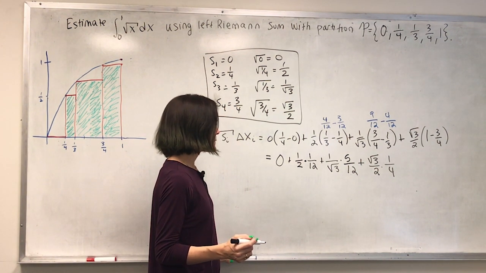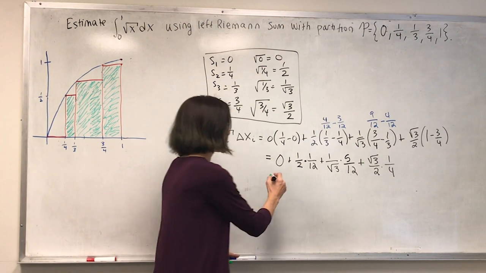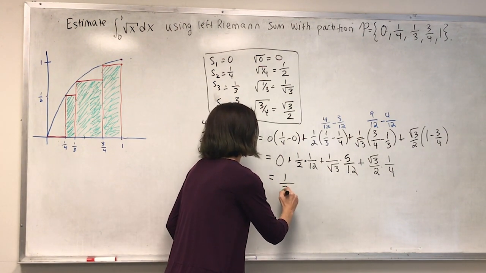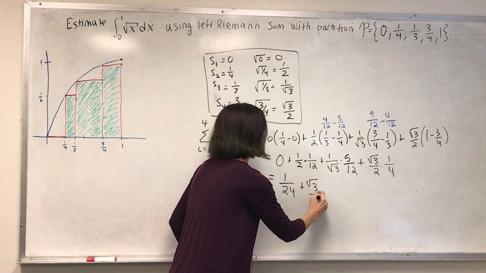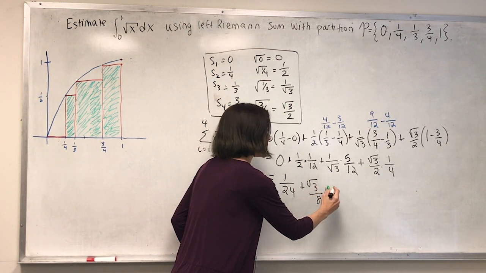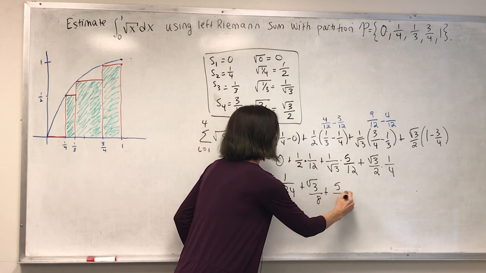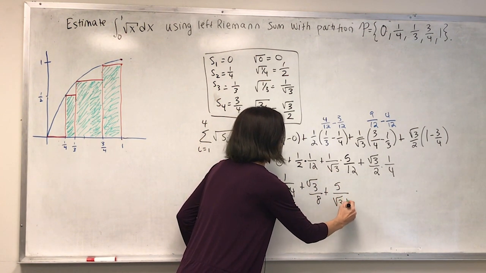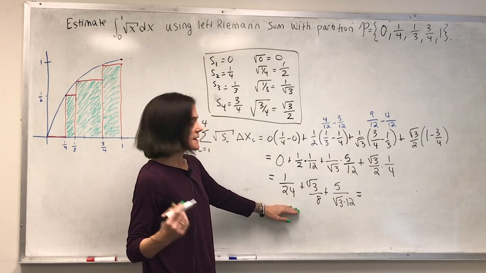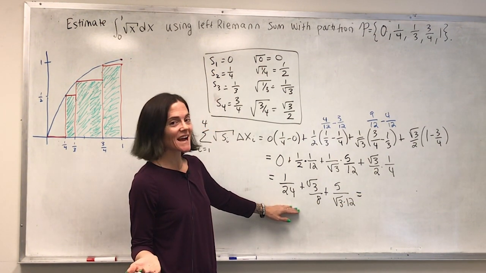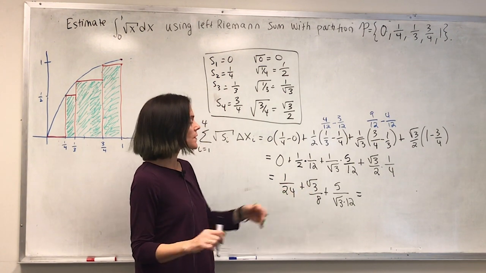At this point, maybe we get out our calculator, because this is 1 over 24 plus the square root of 3 over 8 plus 5 over the square root of 3 times 12. This is not going to wind up being a nice fraction anyways because of our square roots of 3.